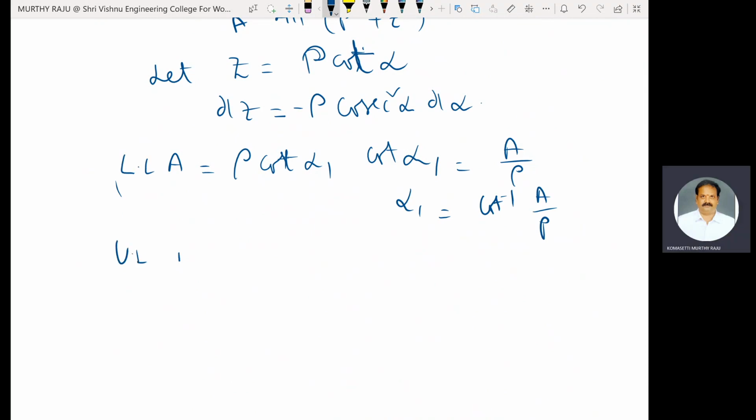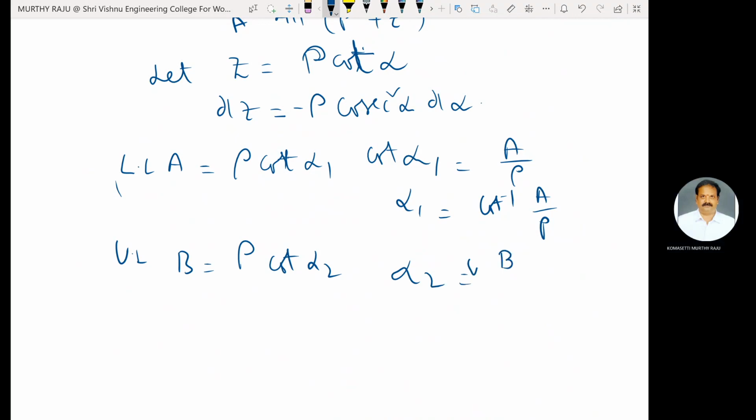The upper limit is z equal to b, which is rho cot alpha 2. Therefore, alpha 2 is equal to cot inverse of b by rho.